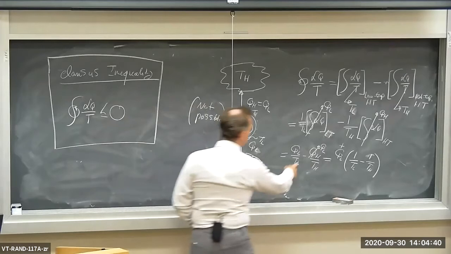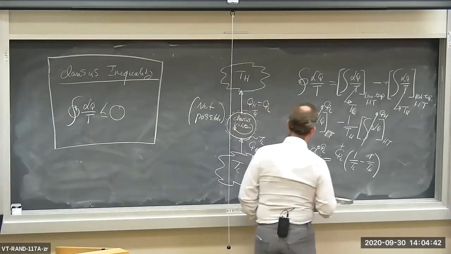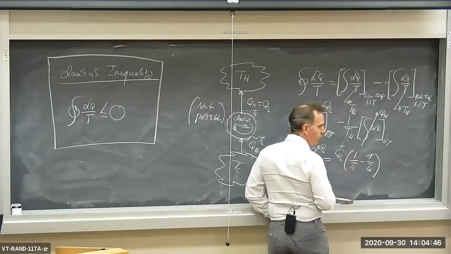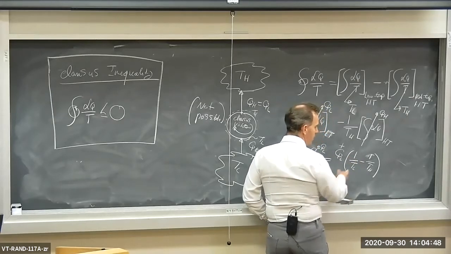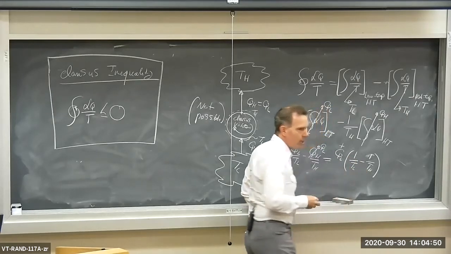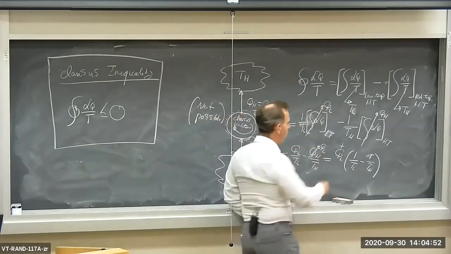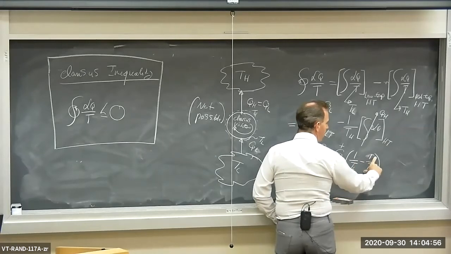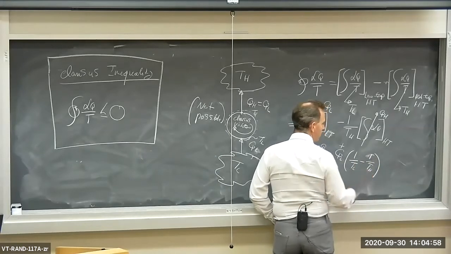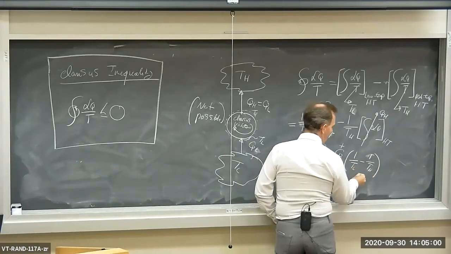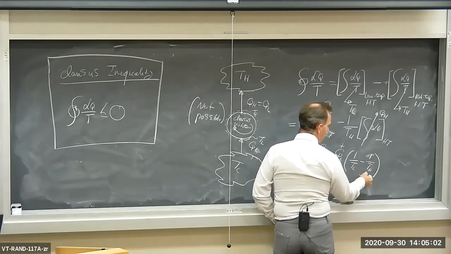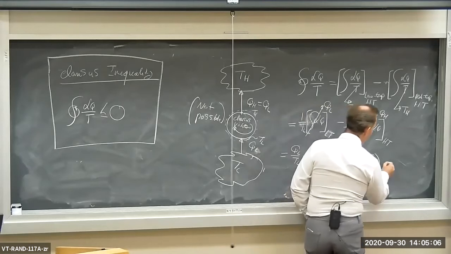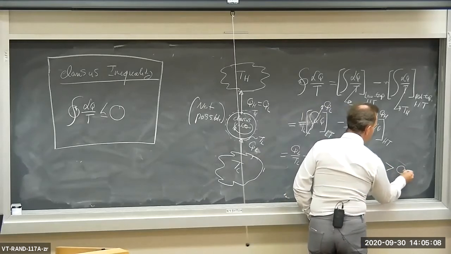Now, T_L is a lower temperature than T_H. That means 1 over T_L is a greater numerical quantity than 1 over T_H. So this whole thing is greater than 0.